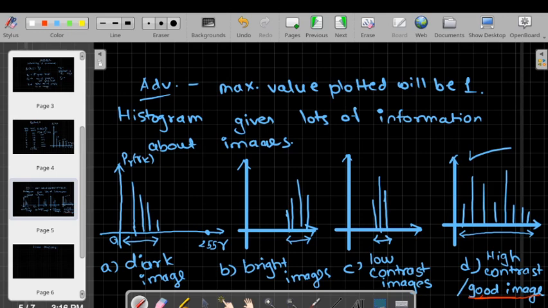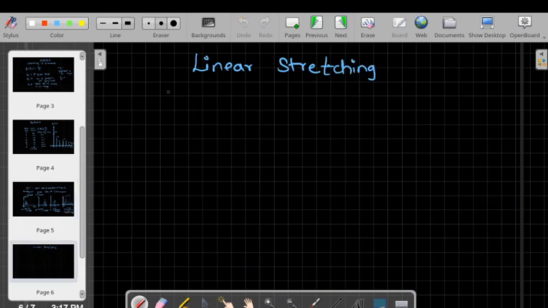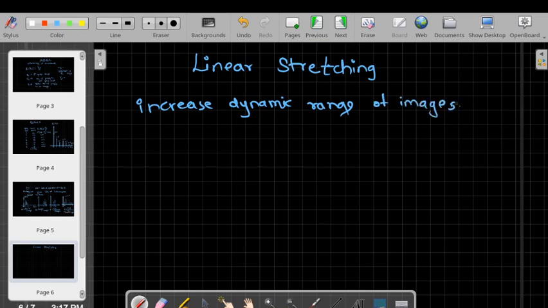That means here we have to increase the dynamic range of our images. And one method to improve the dynamic range is the linear stretching.